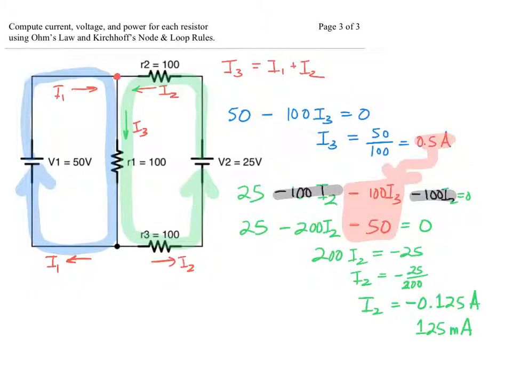All right? So in this thing, we know that I3 is 1/2 amp. I2 is a negative 1/8 amp.